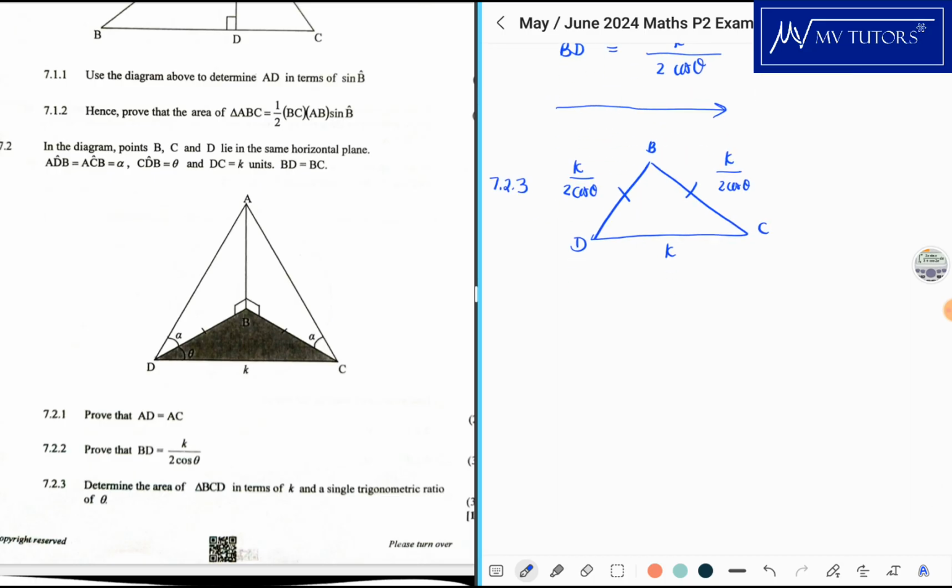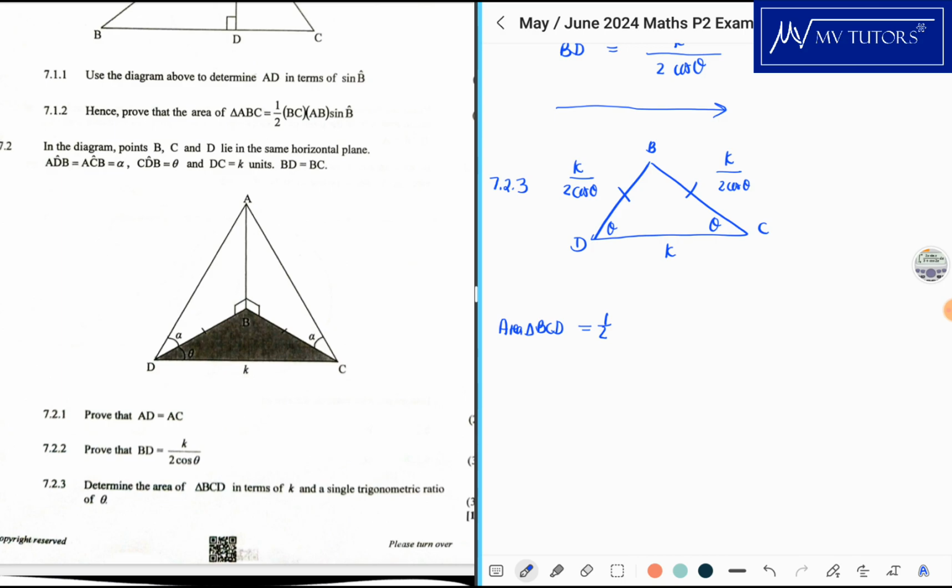So then I can get the area, can't I? So the area of triangle BCD will be a half. Let me just put in the thetas there as well. Let me see which lengths I am going to choose.